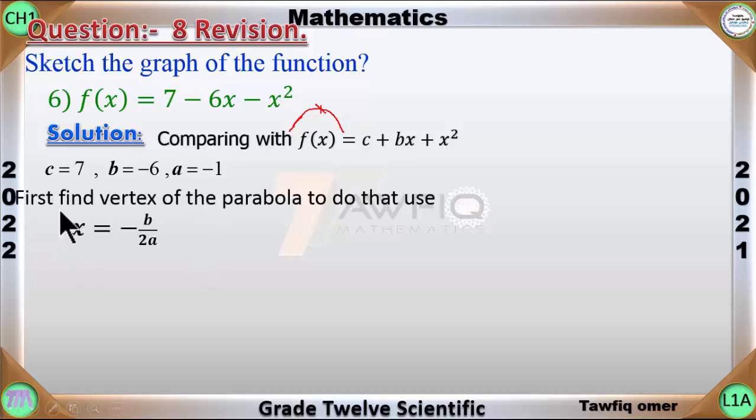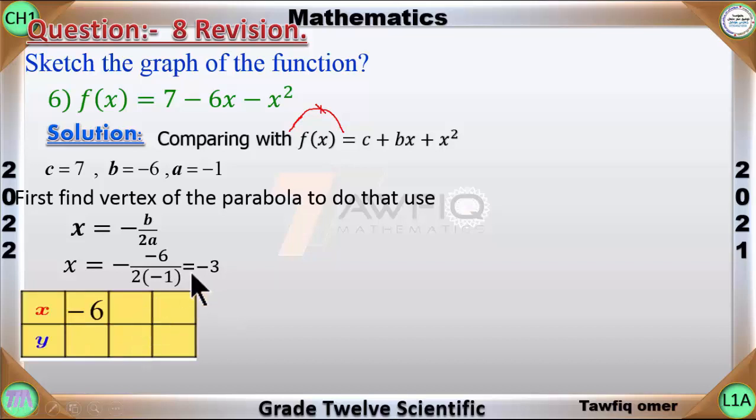First, find the vertex of the parabola. To do that, use the rule x equals -b over 2a. Then x will be -6 over 2 times -1, equal to -3. Take a value less than -3 and bigger than -3: -6, -3 and 0.